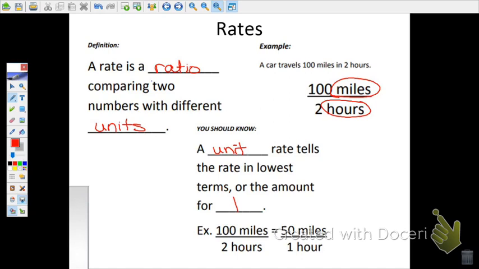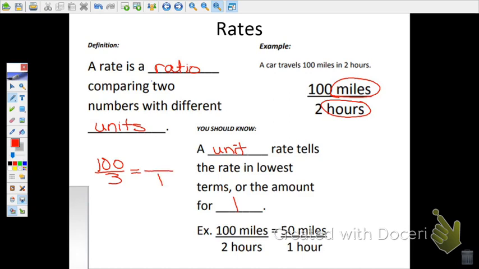If you can't simplify it down anymore, and it's not 1 on the bottom, you still want to do it, but you would divide by whatever this is. It doesn't mean that it has to go in evenly into the numerator. So if this would have been 100 miles for 3 hours, we'd have to divide both of them by 3 to get the 1 hour.